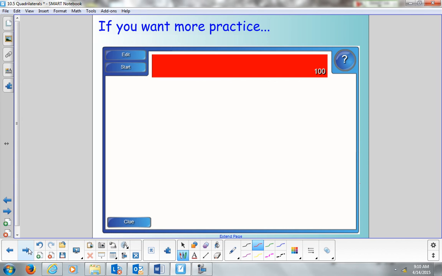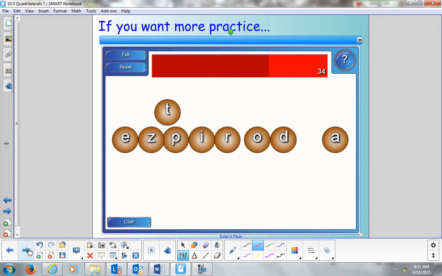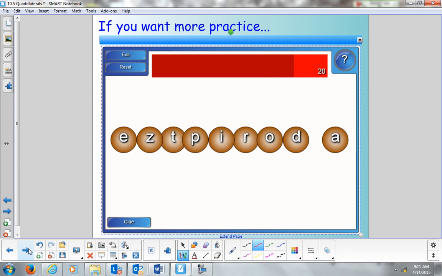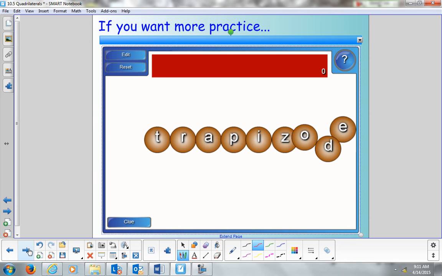All right, here's some more practice. Let's take a look. All right, so what does this spell? Trapezoid. T-R-A-P-I-Z. Oh no, my goodness.